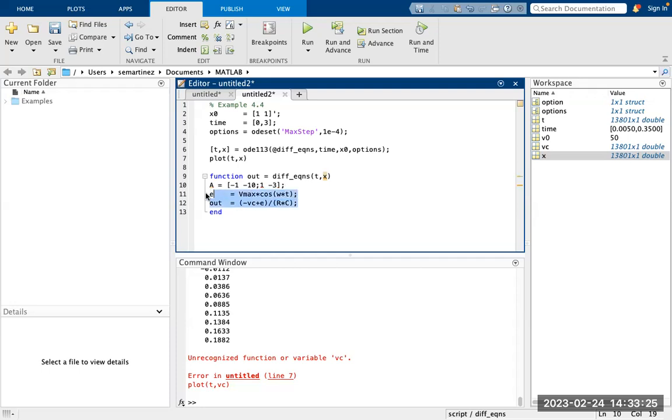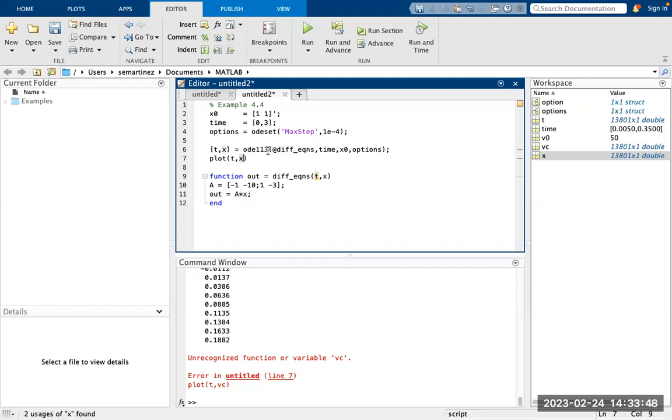That's going to be our matrix A, and the output is just going to be AX. So we have our differential equations.